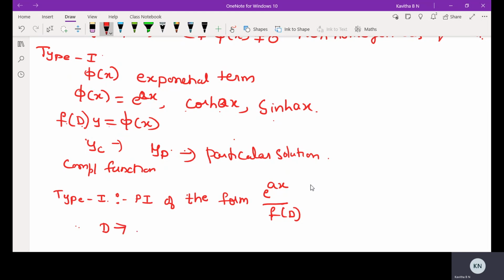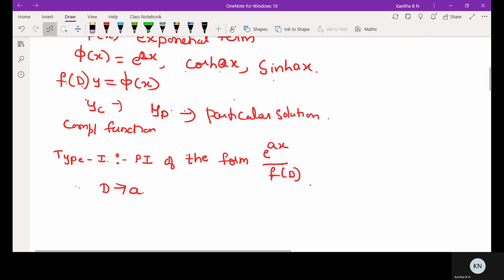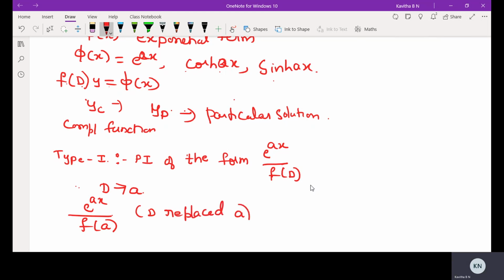In place of D we have to substitute a, giving e to the power of ax by f of a, provided f of a is not equal to 0.